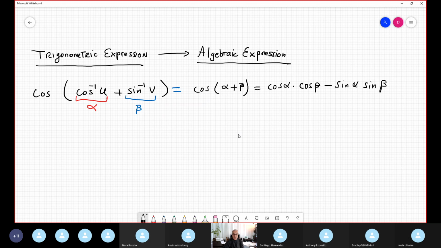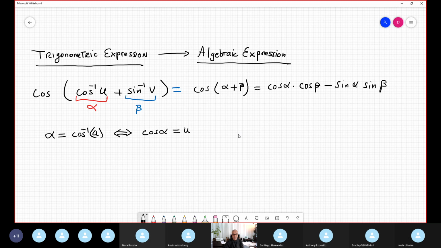Okay, so I need to do two triangles. By definition, I create by myself alpha is cosine inverse of u. U is a variable, X, Y, Z, either. This is equivalent, see, I swap to the direct trigonometric function: cosine alpha is equal to u.